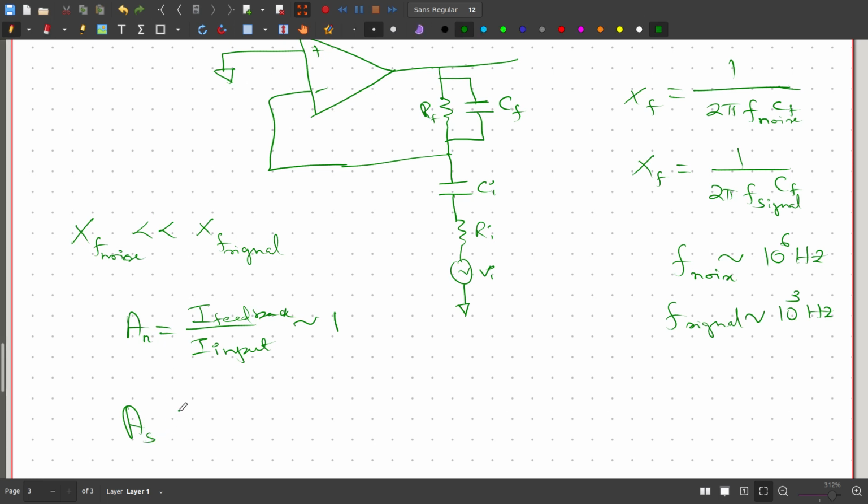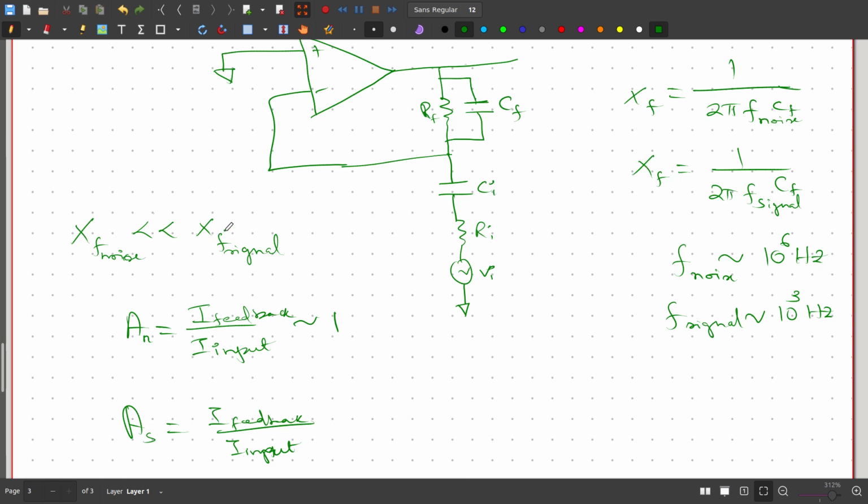So the amplitude of this input impedance for signal, the feedback impedance divided by the input impedance, and this impedance is the impedance due to the signal. Since this frequency is 3 orders less than the frequency of the noise, this XF is much higher than this one.